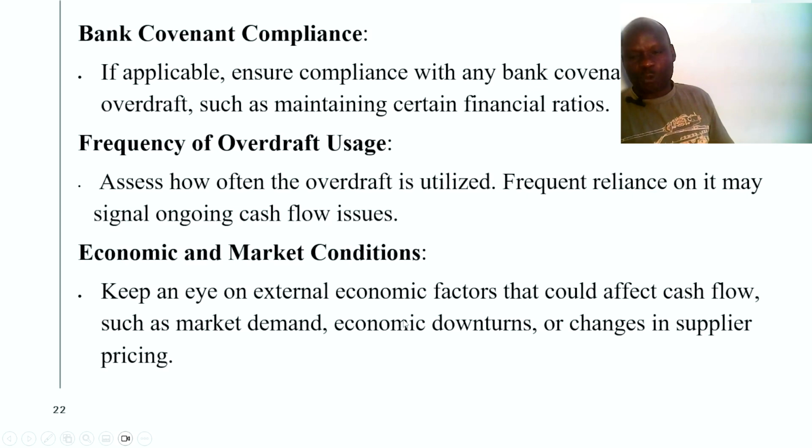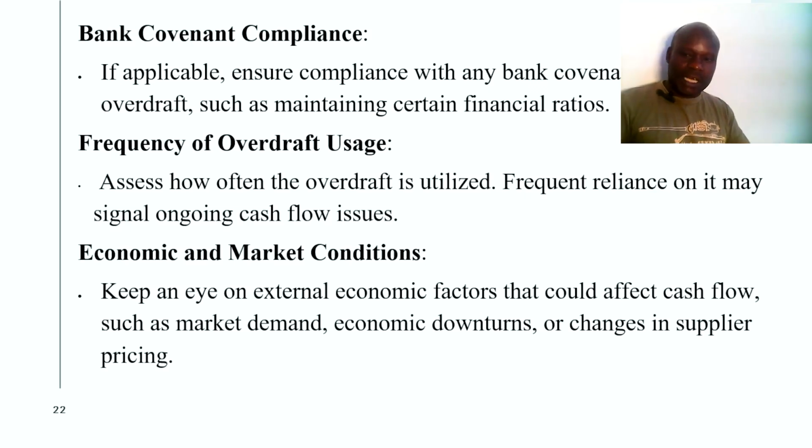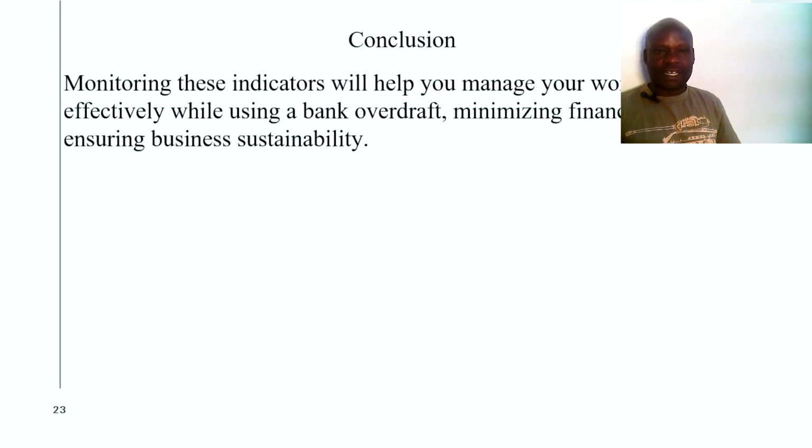Keep an eye on external economic factors that could affect cash flow, such as market demand, economic downturns, or changes in supplier pricing that we have covered in a way or another. So this will help you manage your working capital effectively while using a bank overdraft. Now, it will also help you minimize the financial risks and ensure that the business is sustainable.